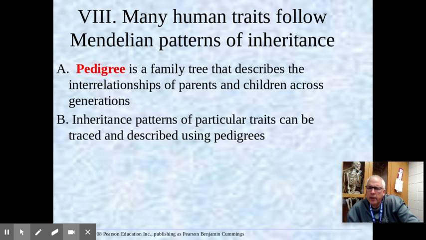You still can do pedigrees. A pedigree is just a family tree that describes a relationship between parents and children, so we can track genes in a population. It's really good to know your ancestry. And I'm not just talking about Ancestry.com where you see, oh, I'm from Europe or whatever. It's really important that we're able to track traits using pedigrees.